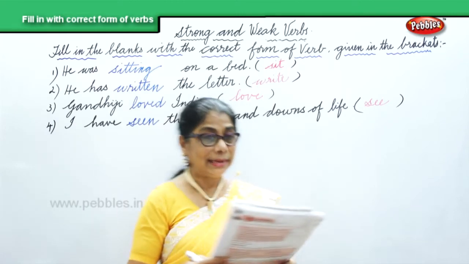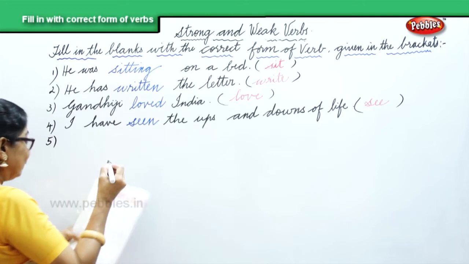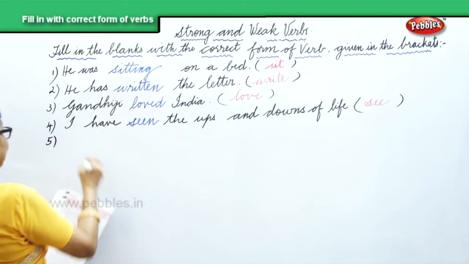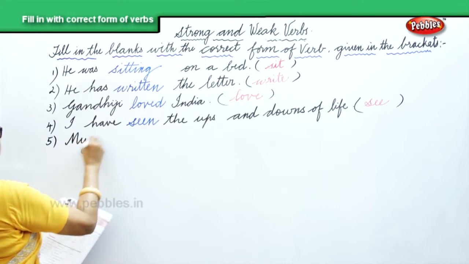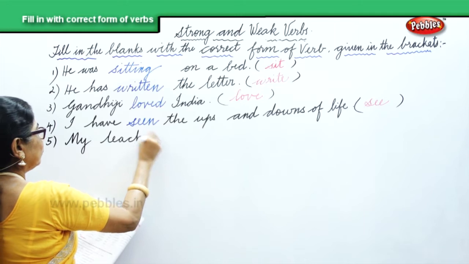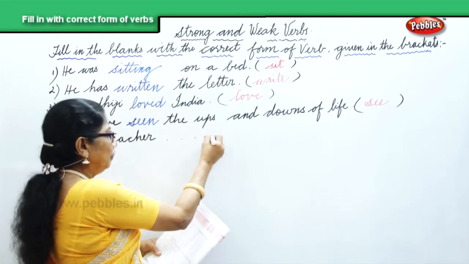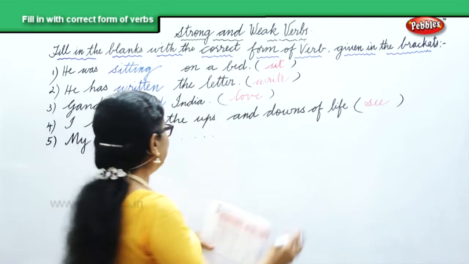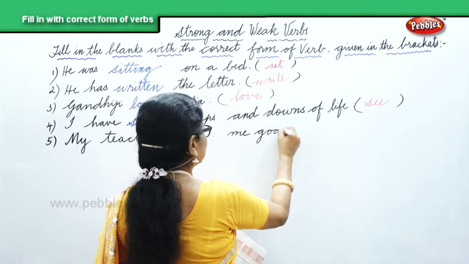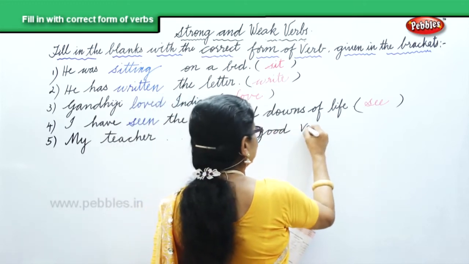Now, the next sentence I have here is the fifth one: my teacher dash me good values.